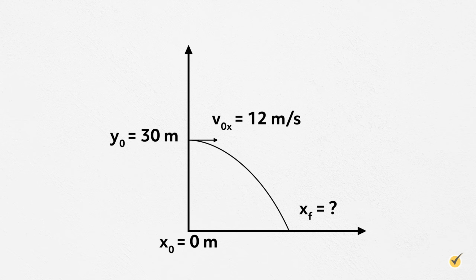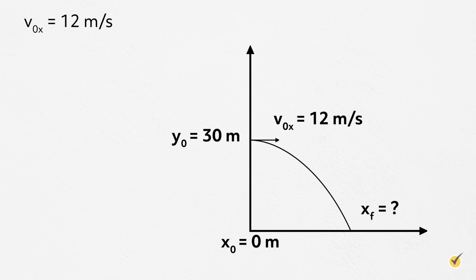We are told that the ball moves along the ground and goes straight off the cliff at 12 meters per second. This means that the initial velocity, v0, is only in the x direction and is 12 meters per second. So we have v0x equals 12 meters per second and v0y equals 0. We also know that y0 equals 30 meters and we'll set x0 to equal 0.